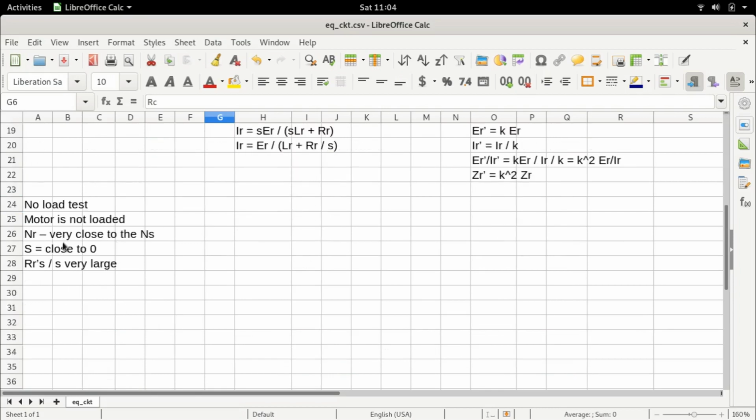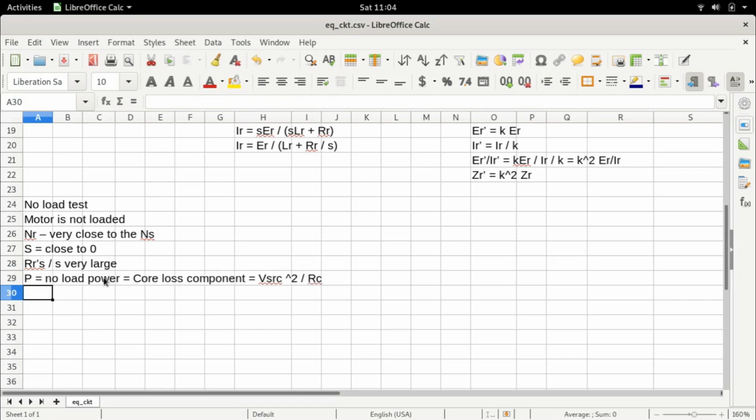Now in a no load test, when you actually perform a no load test in the laboratory, you run the machine at no load for a certain amount of time, you let it stabilize, and once that happens, you measure the power. This power is the no load power, and this no load power is essentially the core loss component. And this core loss component, quite obviously, is VSRC squared divided by RC.